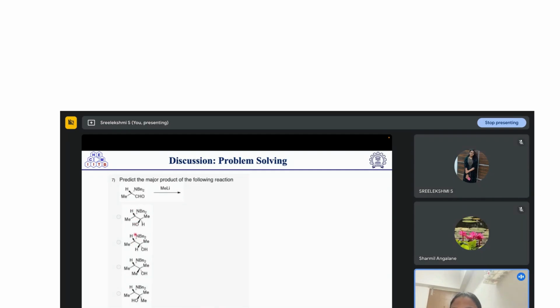So out of these two options, which will be the major product? Here we have to see whether the incoming methyl group will be coming from the alpha face or beta face, and what is the factor that is controlling that.